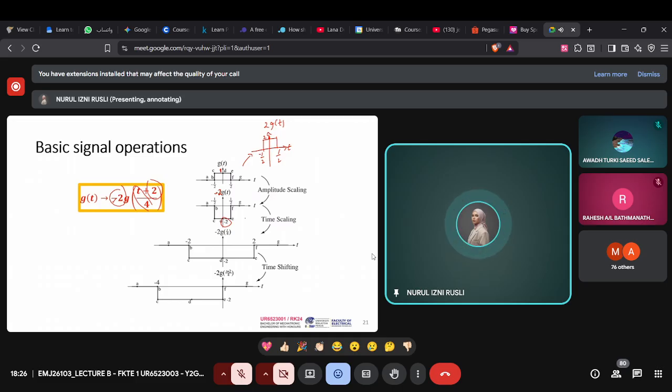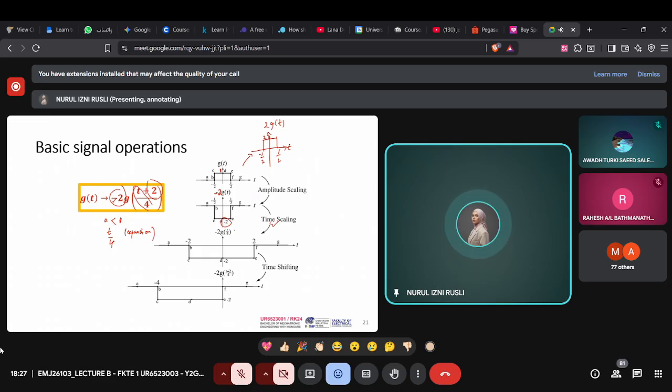So next, what you have to do is time scaling first because you are having a that is less than 1. In this case, you are having t over 4. So that's why you do time scaling first. Whenever you have a that is less than 1, in this case you have 1 over 4 value, it's going to be the expansion.